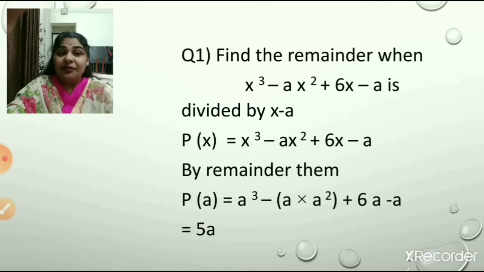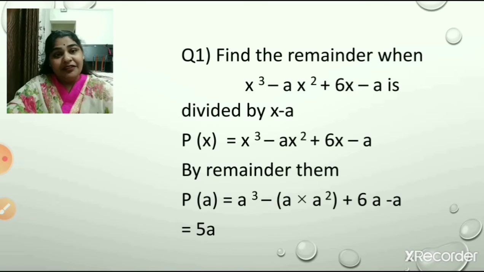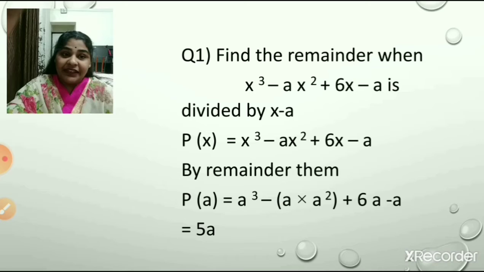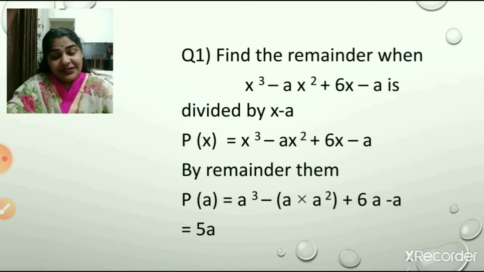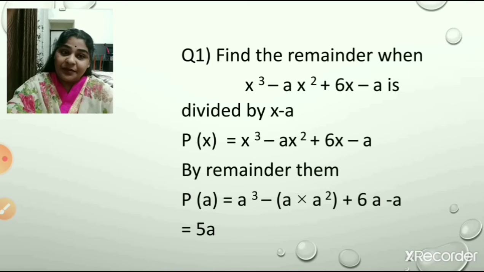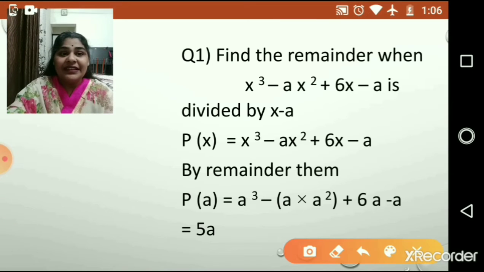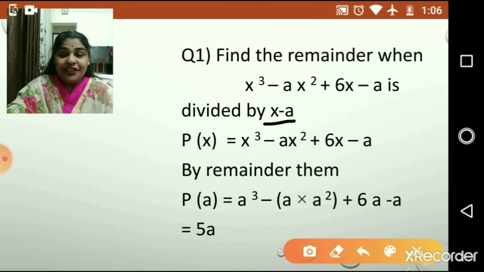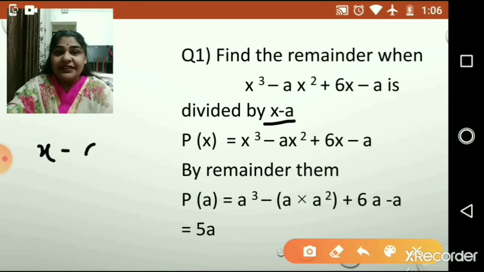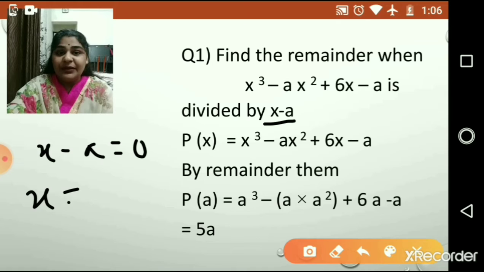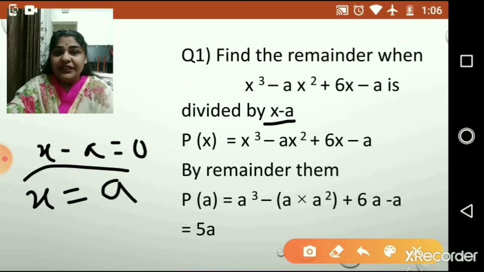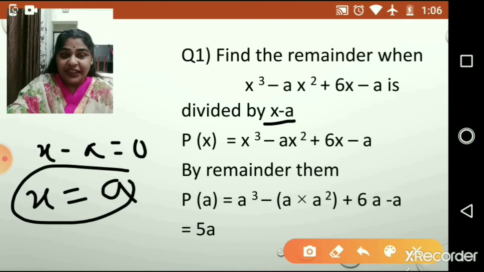Now if only remainder we have to find, then we know by the remainder theorem directly divisor we equate with 0, and that value we will substitute in the given polynomial, children. Now here divisor is x minus a. So if I substitute x minus a is equal to 0, that means x will be equal to a.